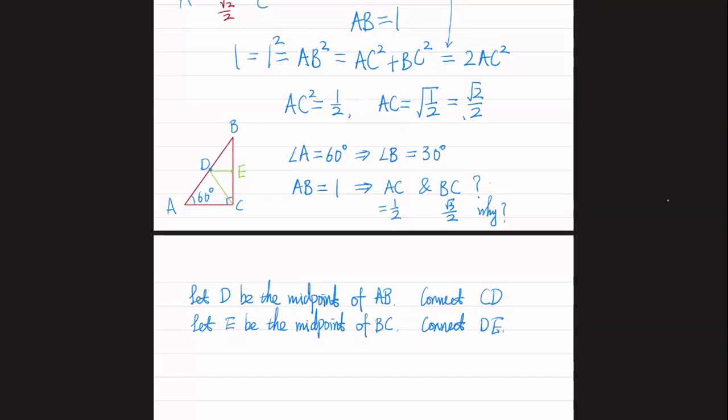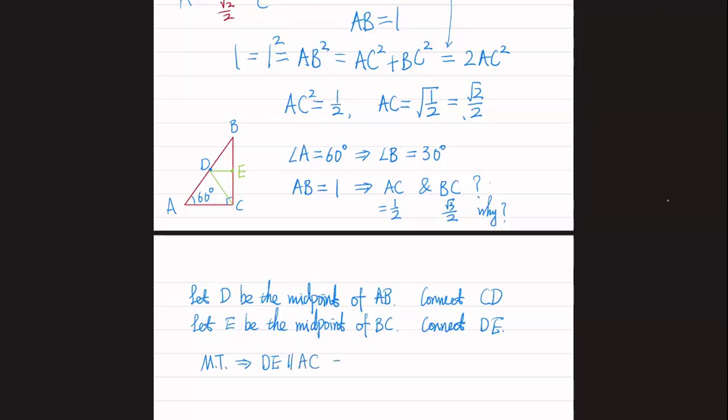What does the midpoint theorem tell us? That DE and AC have to be parallel. Nice. So they must be parallel, by the midpoint theorem. Or more generally, the intercept theorem, but the midpoint theorem is good enough. So DE is parallel to AC.